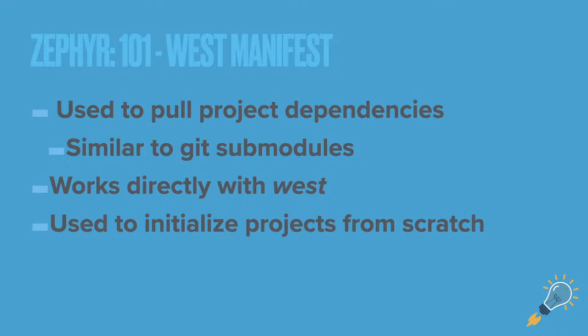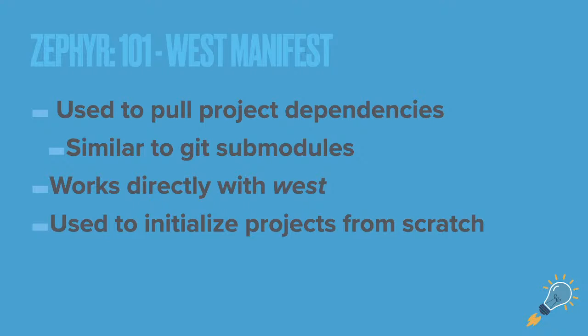This essentially pulls any Git repo that you like and deposits it within your project. So you might have a driver, or nRF Connect SDK, or just plain old vanilla Zephyr, or a library. All those things you can call out in your West manifest, and then you can pull them into your project.